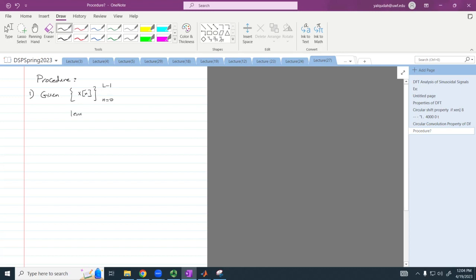This is of length L. And also I'm given h of n that is between n equals 0 to P minus 1, and therefore it has a length of P. P is equal to M plus 1, where M is the filter order.